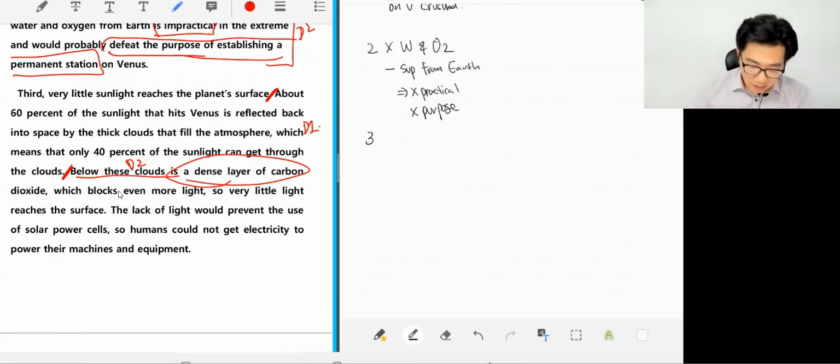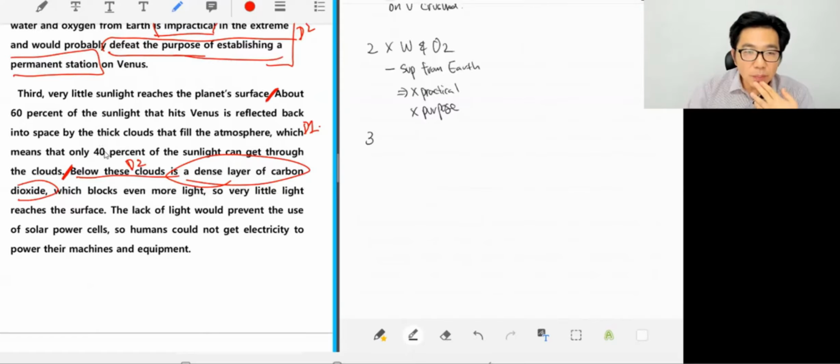A dense layer of carbon dioxide. What does it do? It blocks even more light. So we cannot even get 40%. It's not like all of the 40% is absorbed.